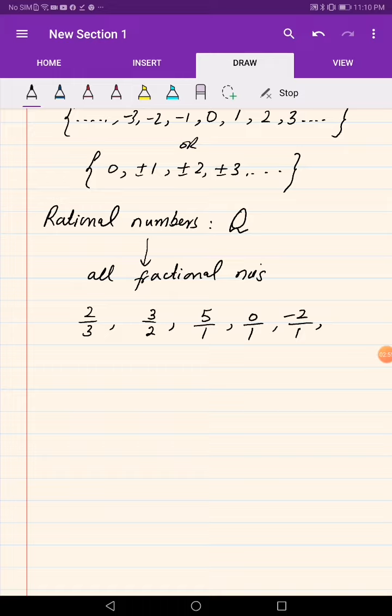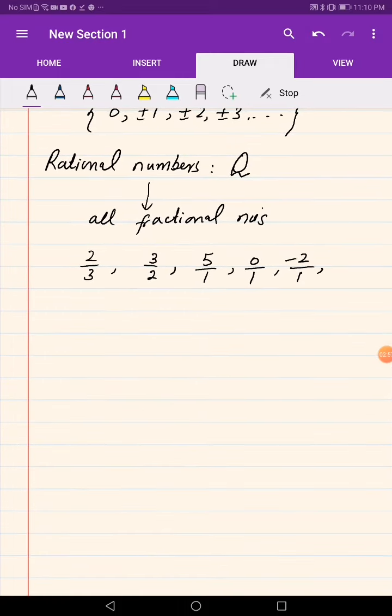I can also explain rational numbers in another way. Rational numbers can be written as terminating decimals, because sometimes fractions can be written in the form of decimals, like 2.3, 7.24, and then you stop.